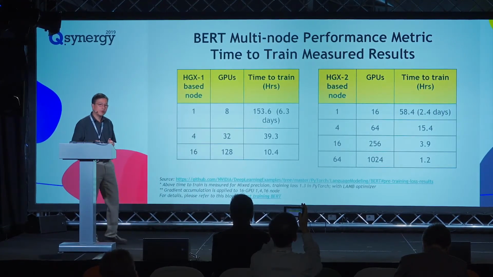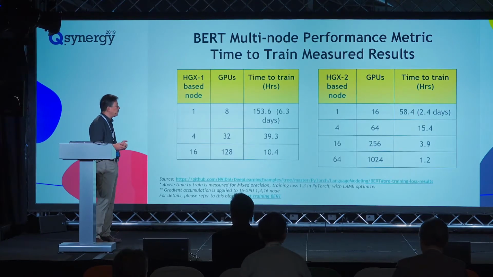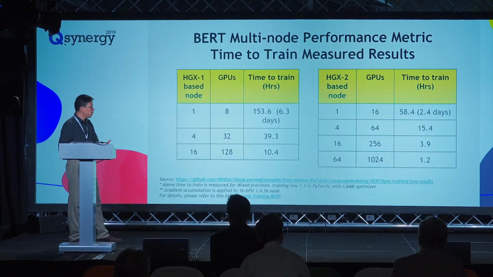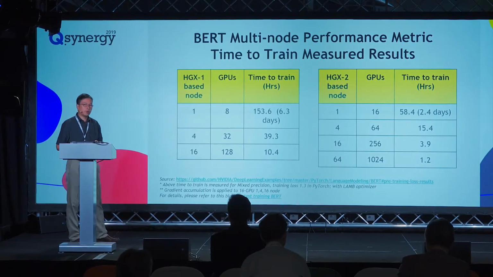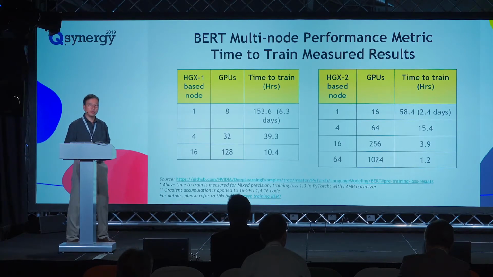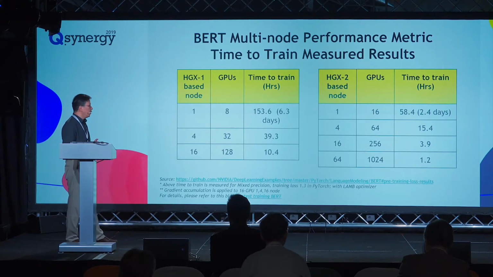So that's a substantial time-to-solution improvement. It's pretty much linear scaling: as you double the number of GPUs, you can cut the training time by half. And there's a lot of under-the-hood optimization that our team has put together to make sure we can achieve this result. So we are working in this area. If you need more information or guidance, we're happy to chat with you. We're around in the conference as well.